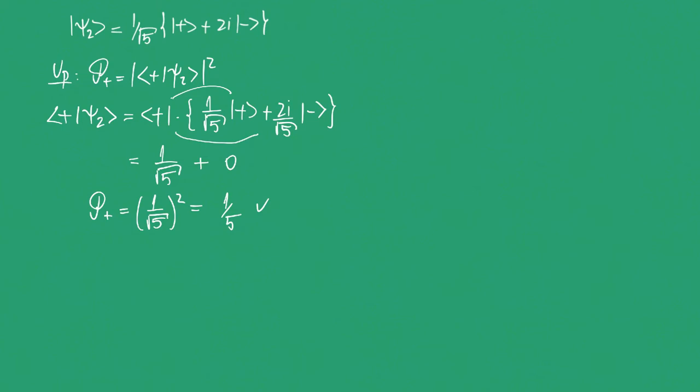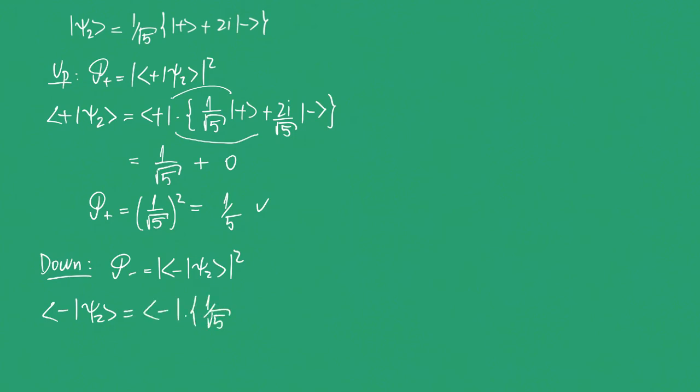On the other hand, if we want to find the probability of getting spin down, in a similar way we have this expression, the modulus squared of this inner product. Let's calculate this inner product then, and we have 1 over square root of 5 ket plus, plus 2i over square root of 5 ket minus.